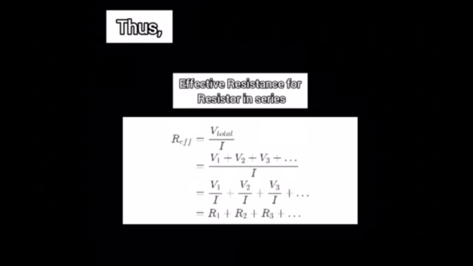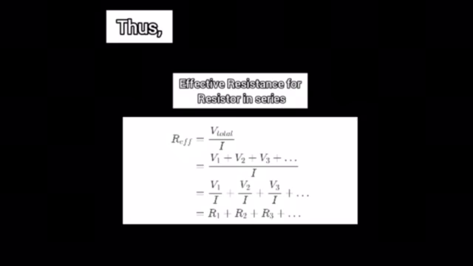Thus, effective resistance for resistors in series is equal to V total over current, because the current is constant. So V total is equal to V1 plus V2 plus V3, or we can change it to the equation effective resistance is equal to R1 plus R2 plus R3.